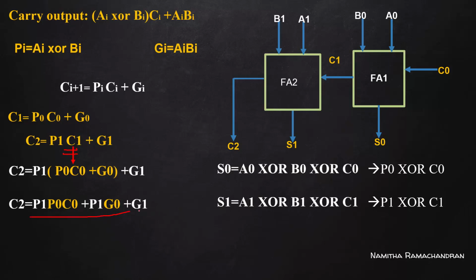So consider this expression for C2. It is clear that here we have C0 only. Right? C1 is not present here. So all the terms present here are instantly available. We can instantly derive all these terms. The C2 depends only on this initial carry value C0 now.